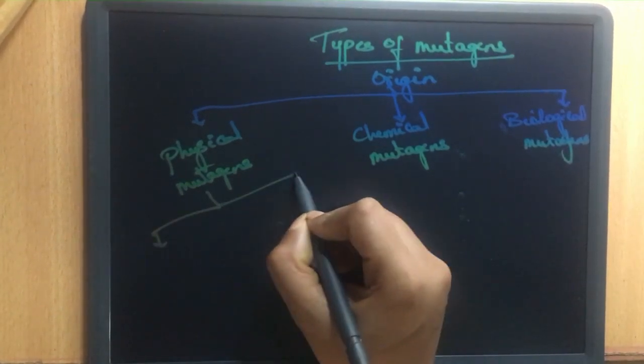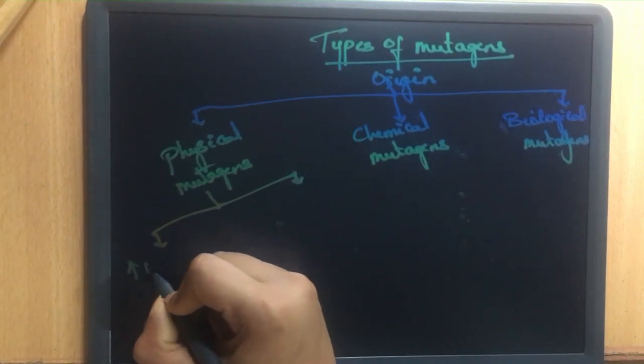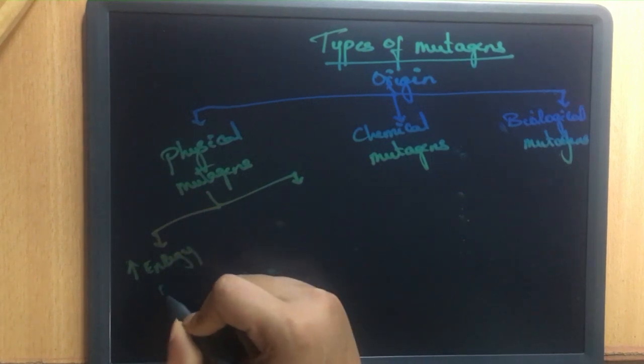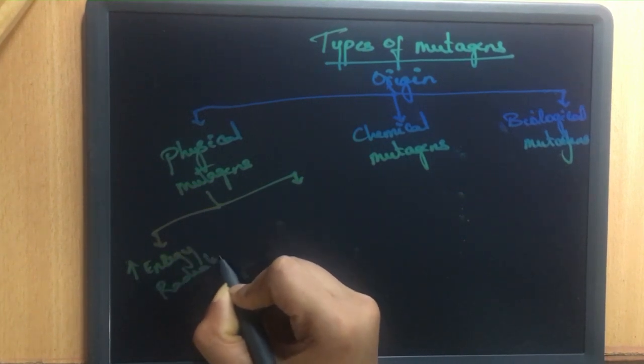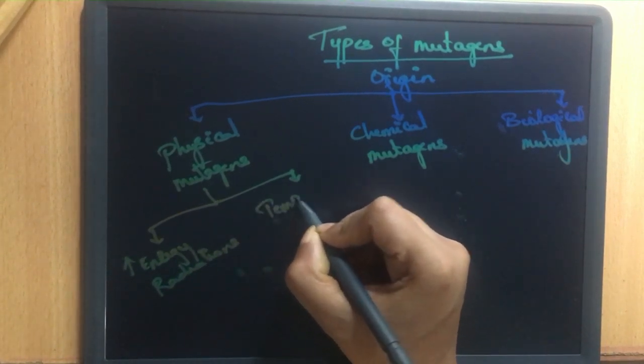Here two main factors play a role in physical mutagens, that is high energy radiations and temperature.